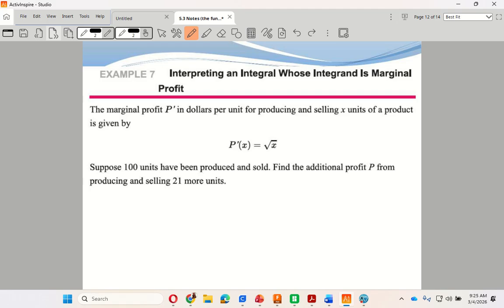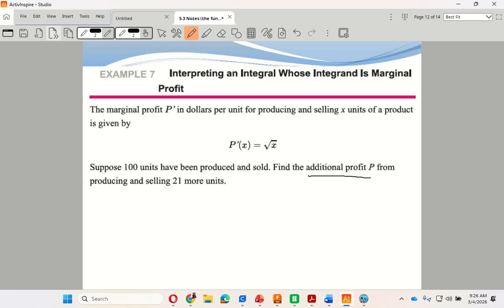This is important: additional profit. So if it's my additional profit, what would that be? That's more, right? Additional profit. What would the bounds of my integral be?